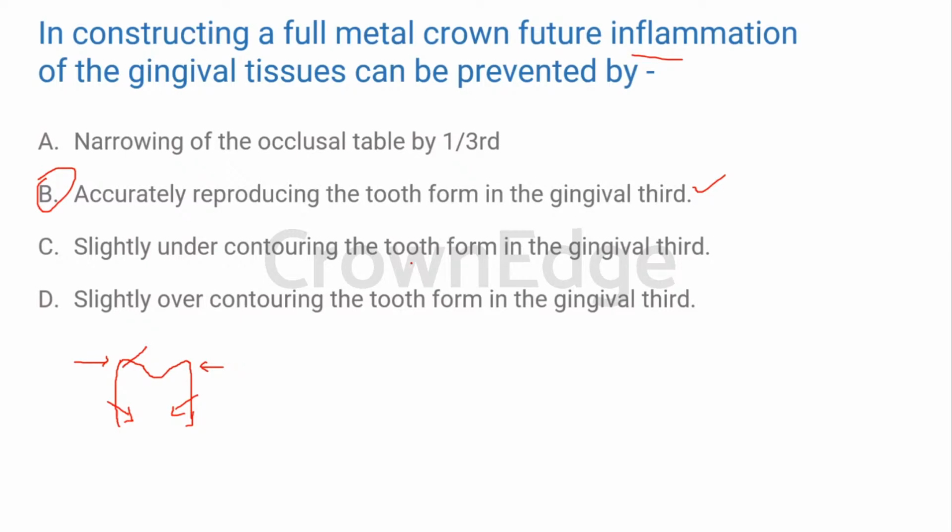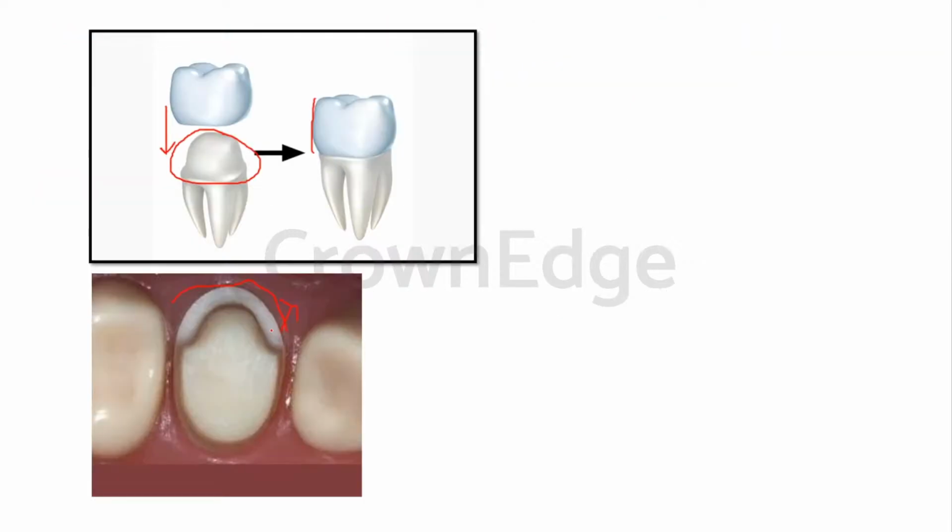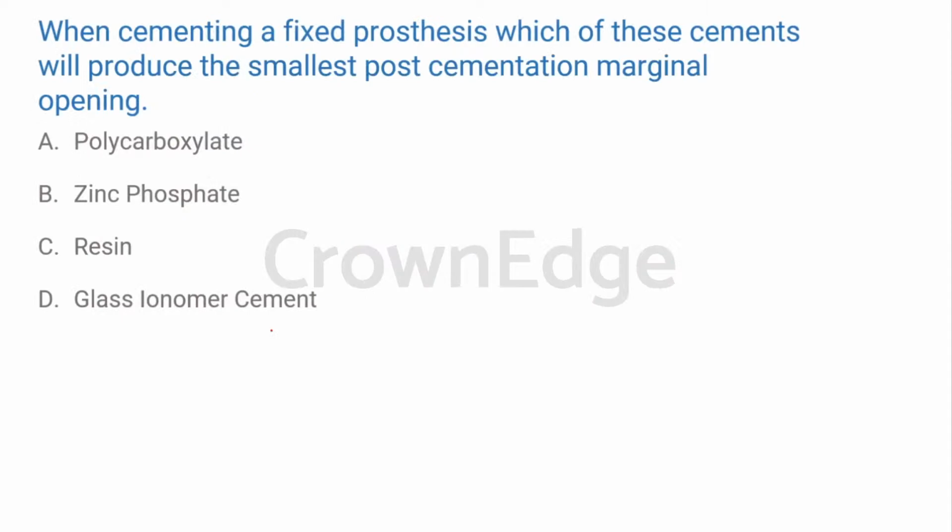We are not supposed to either reduce the occlusal table or under and over contour. I hope it's clear so far for all of you. I hope you don't have any doubts with regards to the questions we have discussed so far. Okay. Now, going to the next question, more of dental materials, right?